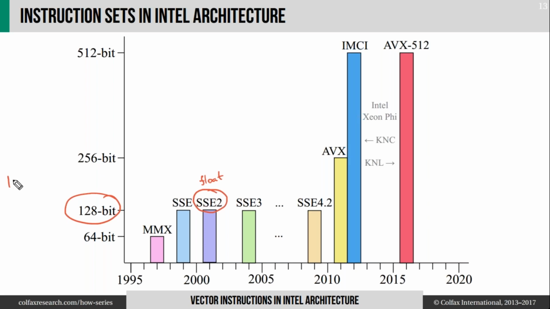So let's do some math. 128 bits. How many 32-bit numbers can you fit? 4. This is single precision. If you're doing double precision, 128 divided by 64 is 2. So if you're doing double precision, like most applications performing scientific computing, your potential speedup is a factor of 2.